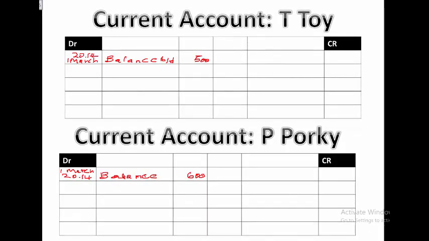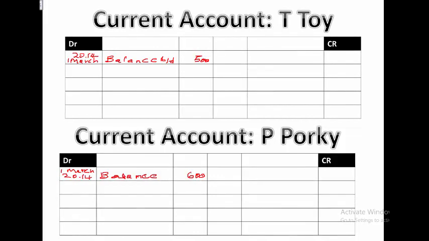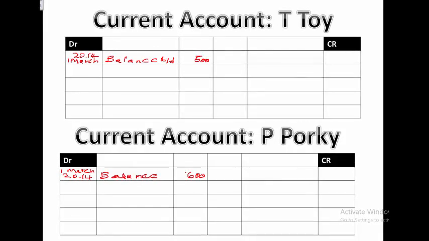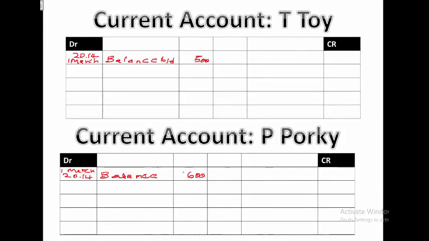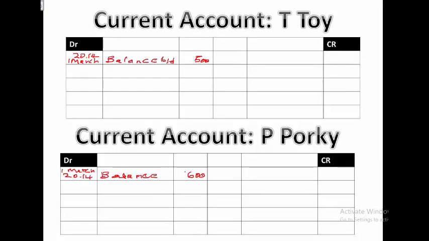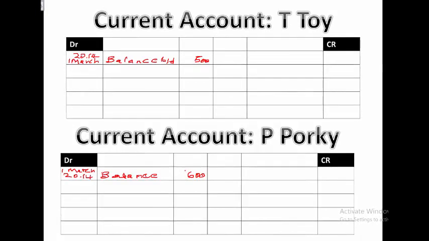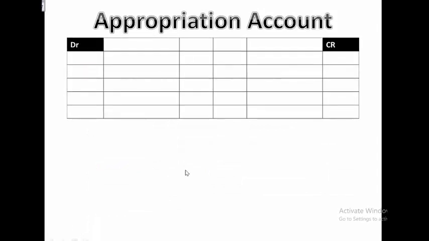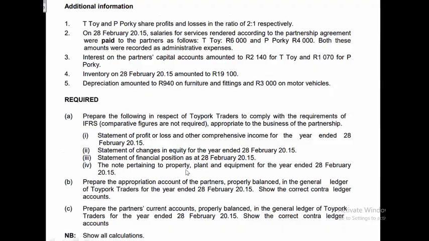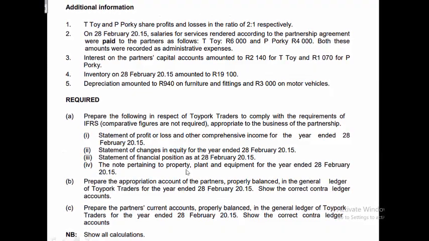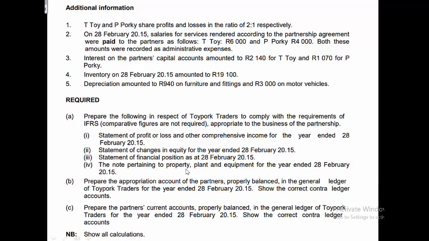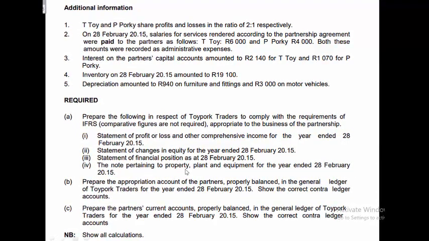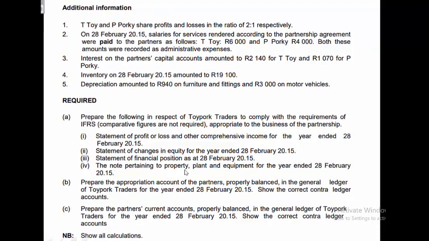So after doing this, the next step is to look at your drawings. Now before you look at drawings, let's check if there's any adjustments that affect drawings. As we look at adjustments that affect drawings, additional information: T-Toy and P-Porky share profits and losses at 2-1.